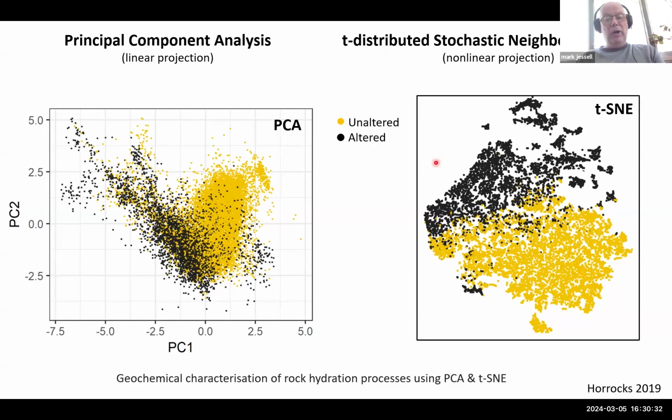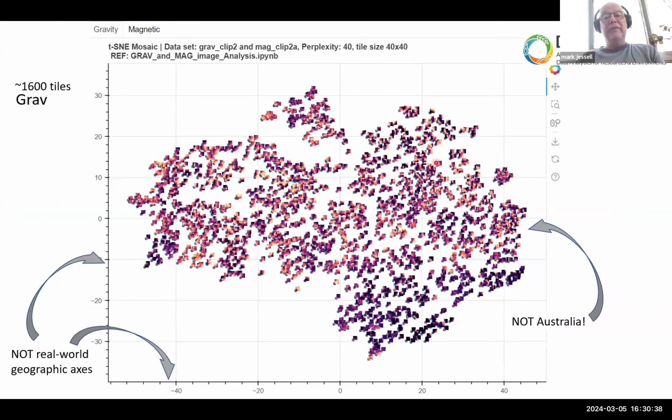And so what Leo did then was to take this approach and apply it to our geophysical data. Here he did it jointly on the gravity and the magnetic data for the same area. Currently, we're looking at the gravity t-SNE plot. There are two important things to note about this. One, these axes are no longer real-world geographic axes, and two, this is not a map of Australia.